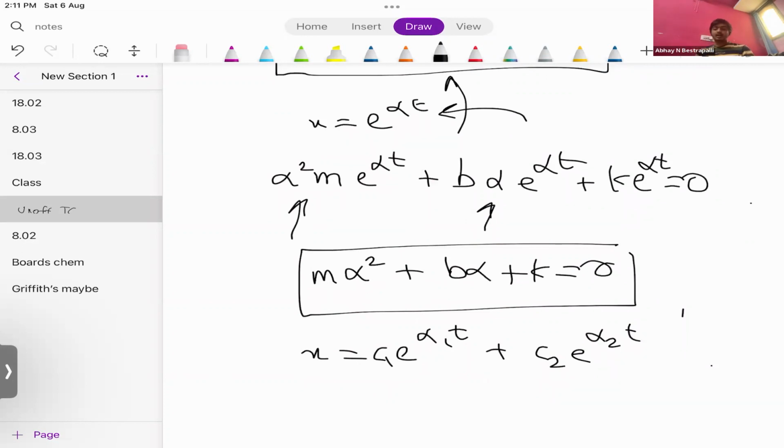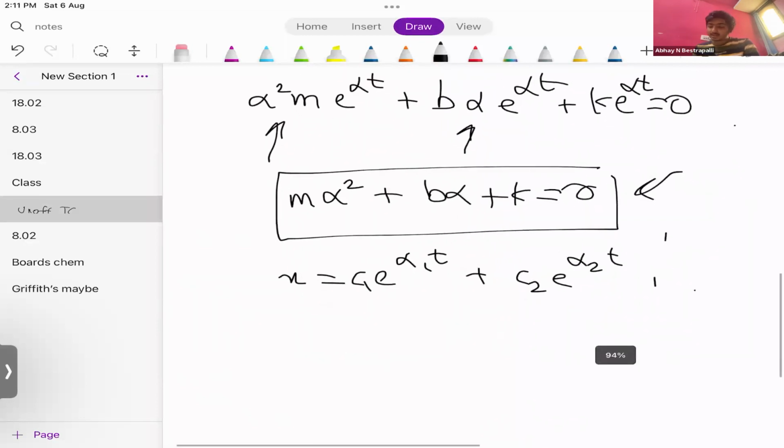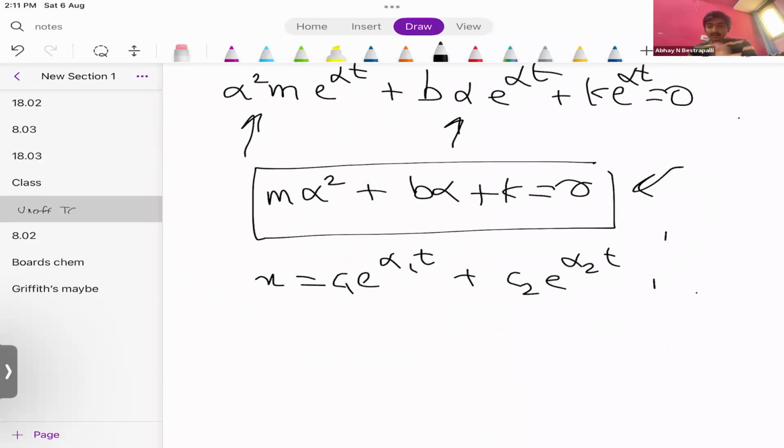I think I used the wrong terms here. Alpha 1 and alpha 2 are just the roots of this equation, and C1 and C2 are constants that will vary depending on the initial conditions.